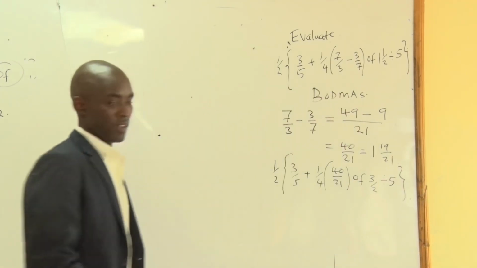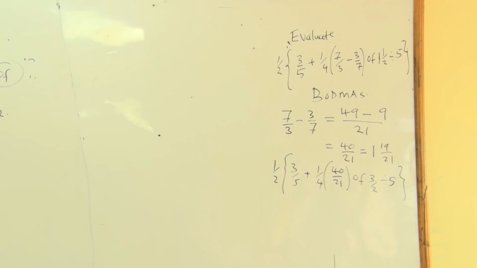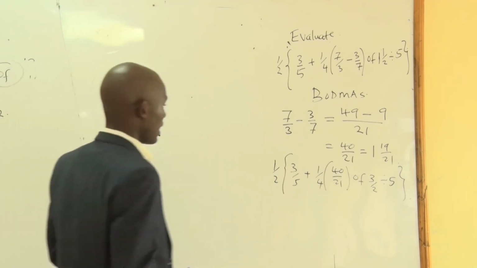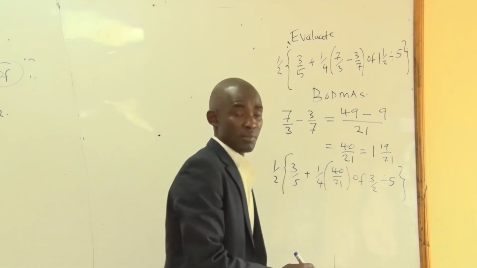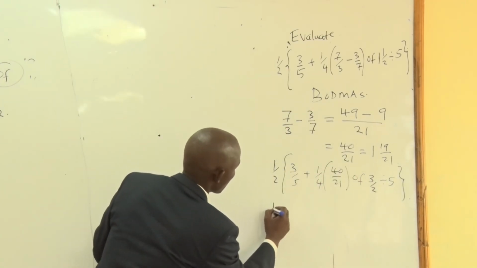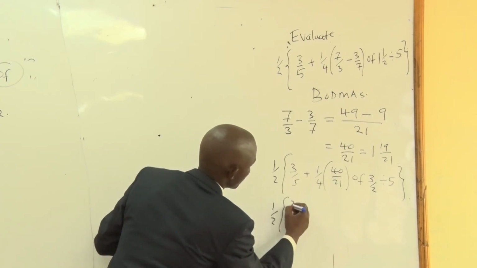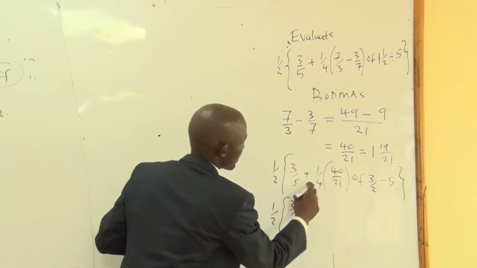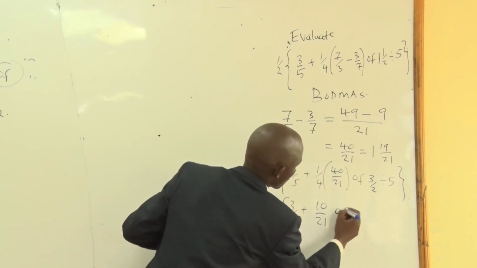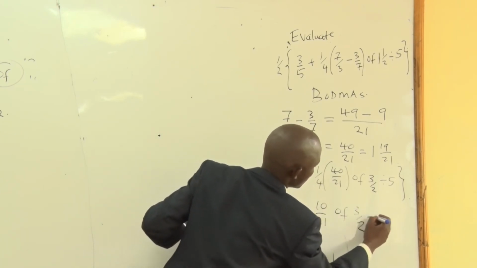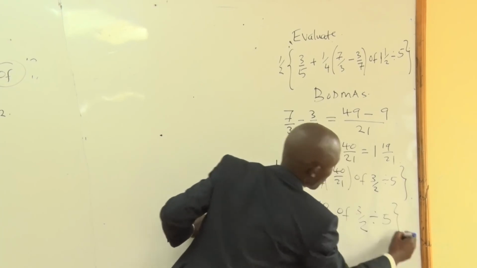I've reduced it to that point. I can still evaluate the bracket here, so that I have a half into 3 over 5 plus, this is 10 over 21 of 3 over 2 divided by 5.